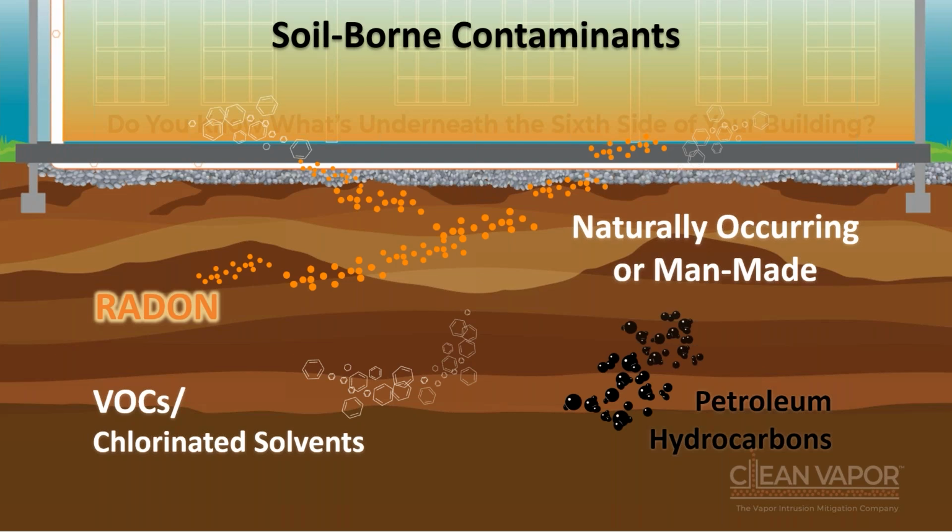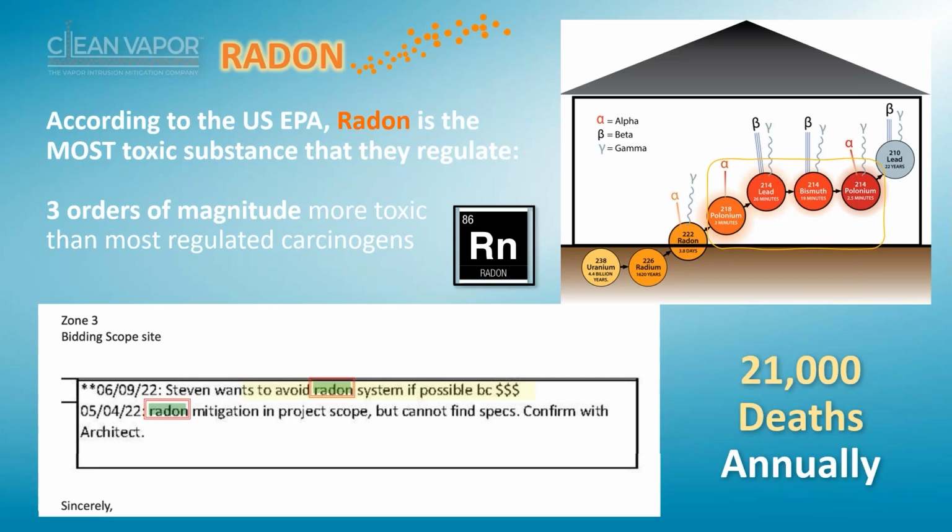One of the unspoken things that's part of this business is naturally occurring radon. Radon is in all soils, and radon, according to the US EPA, is the most deadly thing that it regulates. The compounds that we're talking about, your VOCs and petroleum hydrocarbons, are regulated to a cancer risk of 10 to the minus 5 or 6, which means a risk of 1 in 100,000 or 1 in a million.